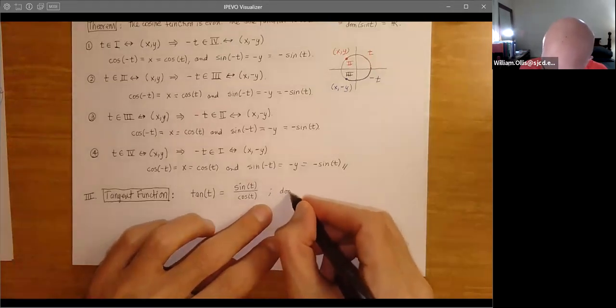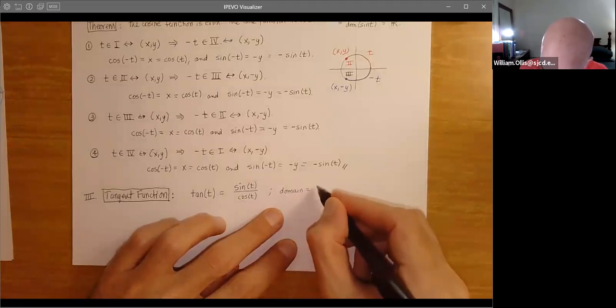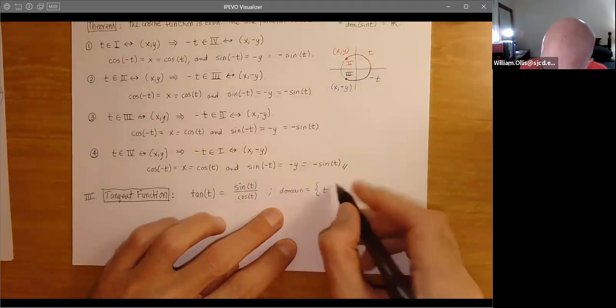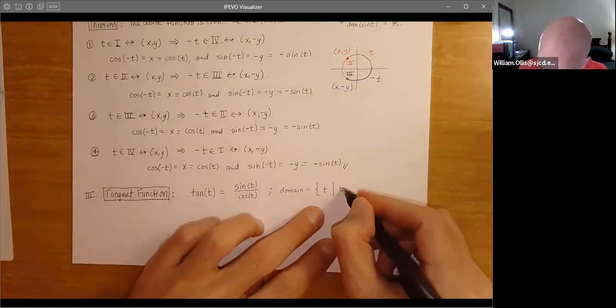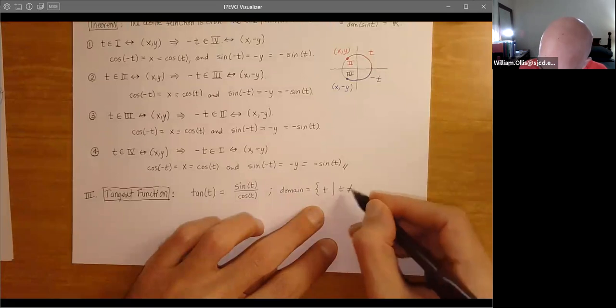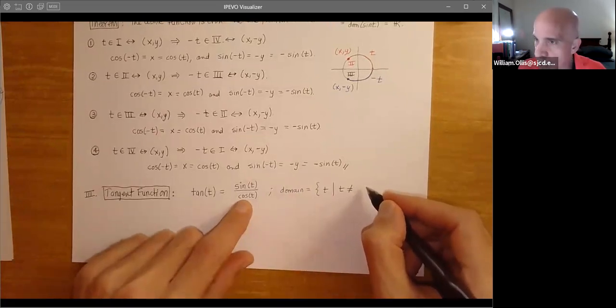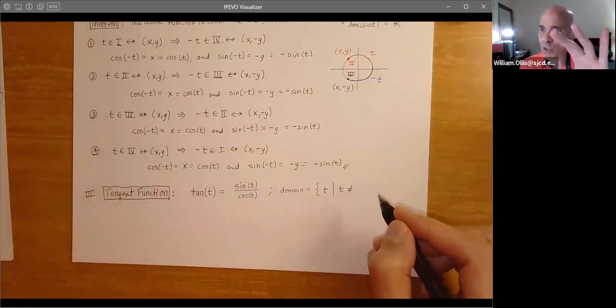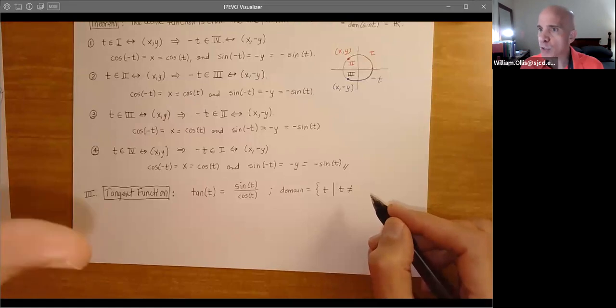The domain, in this case, will be all t such that t does not equal pi over 2, because that makes cosine 0, but also 3 pi over 2, 5 pi over 2, 7 pi over 2, negative pi over 2, negative 3 pi over 2, all of those numbers create zeros for cosine.